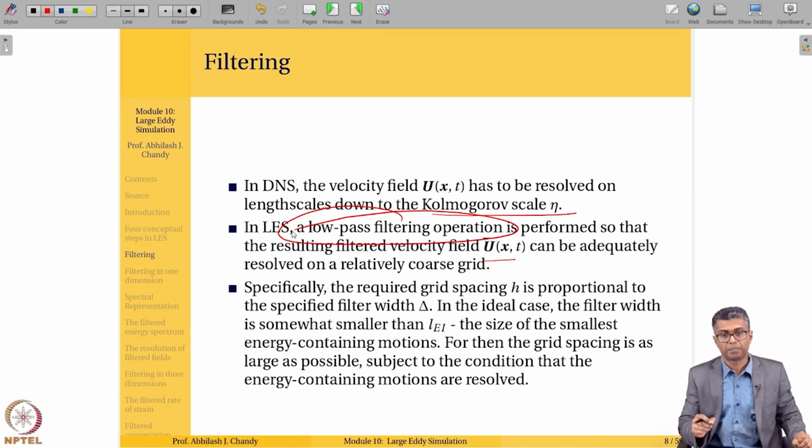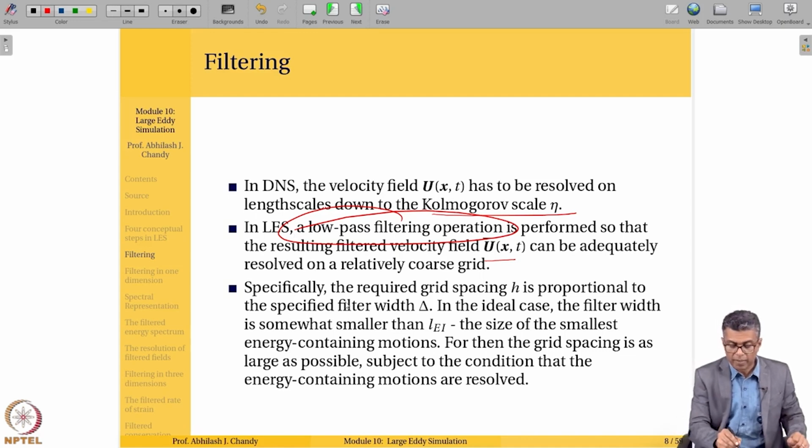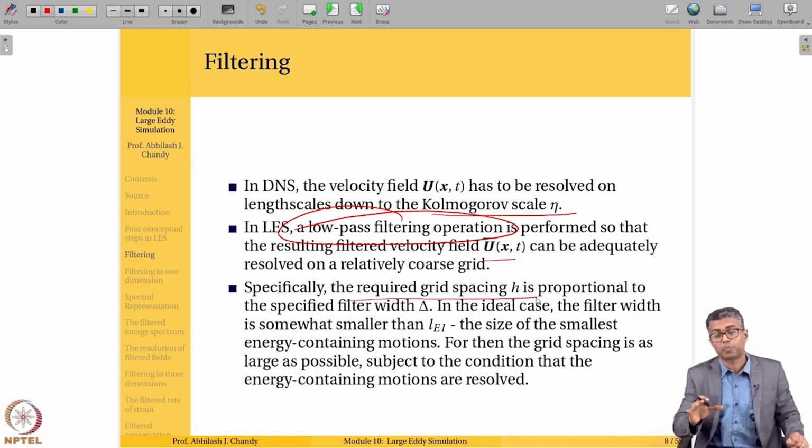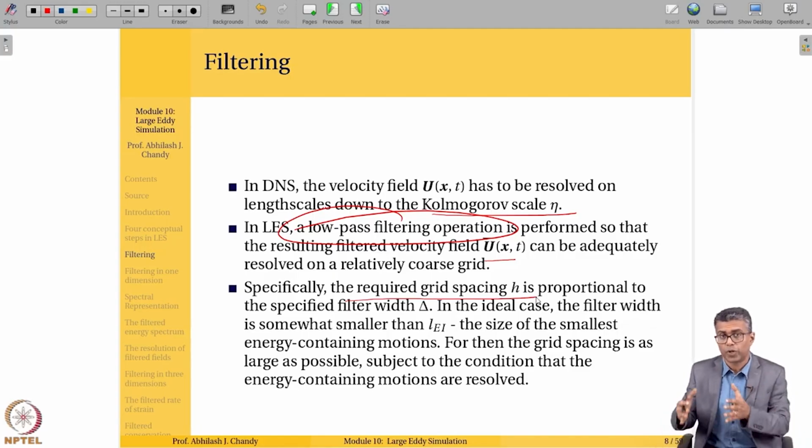More specifically, you would use the required grid spacing, which is proportional to delta, delta being the filter width. When you apply a filter, there is some filter width, meaning anything within that filter width is neglected, is modeled, right? That's your small scale motion. And anything outside that filter width is obviously captured.